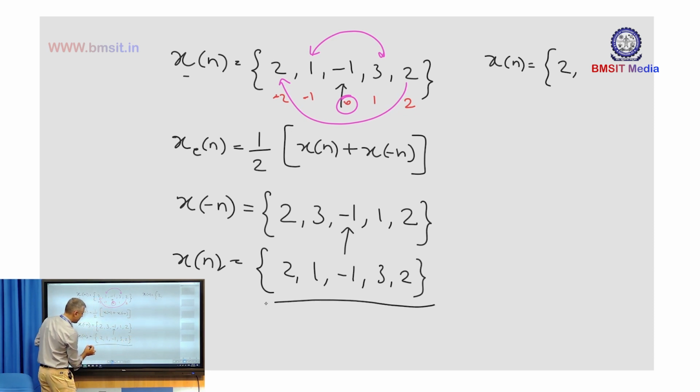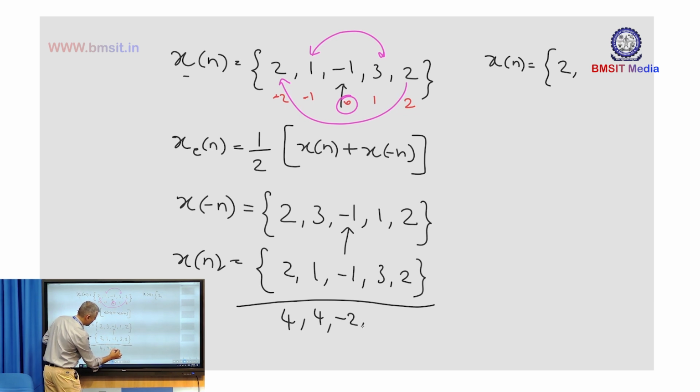If you add these two signals, you get 2 plus 2, 4, 3 plus 1, 4, minus 1 minus 1 is minus 2, 3 plus 1 is 4 and 2 plus 2 is 4.